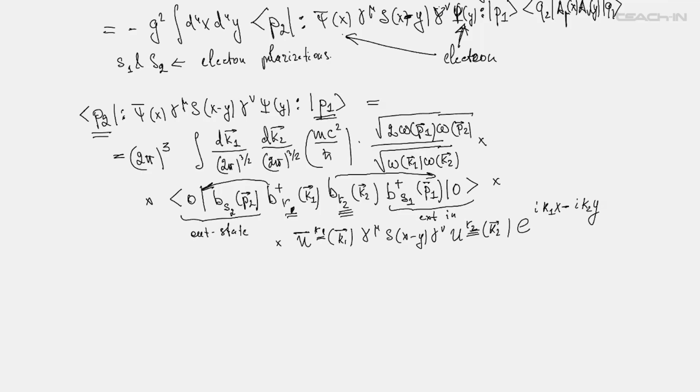When you do it for these two operators, you will get a delta function P1 minus K2. And this delta function then allows you to perform the integration over K2. And analogously, if you look at these terms and you exchange b and b dagger, you will be left with a delta function P2 minus K1, which allows you to perform the integration over K1.